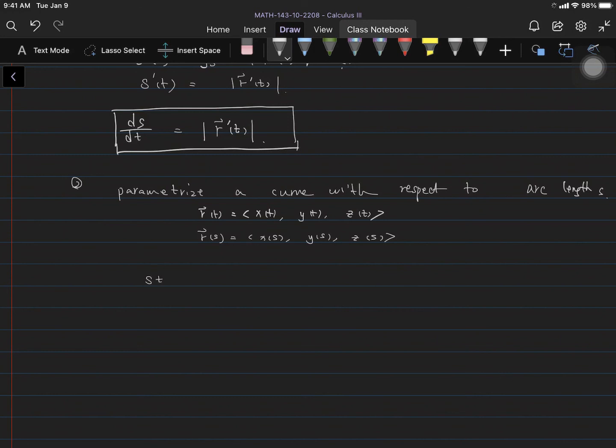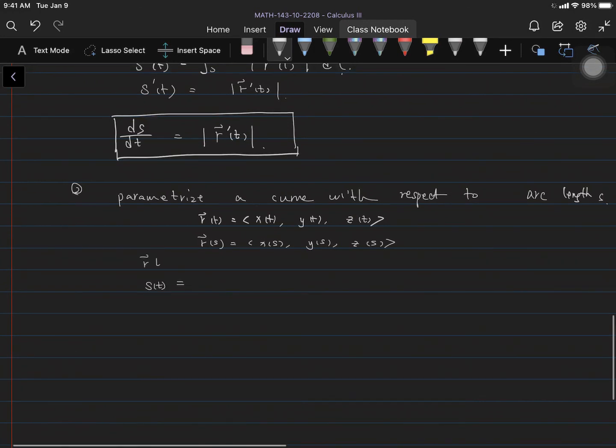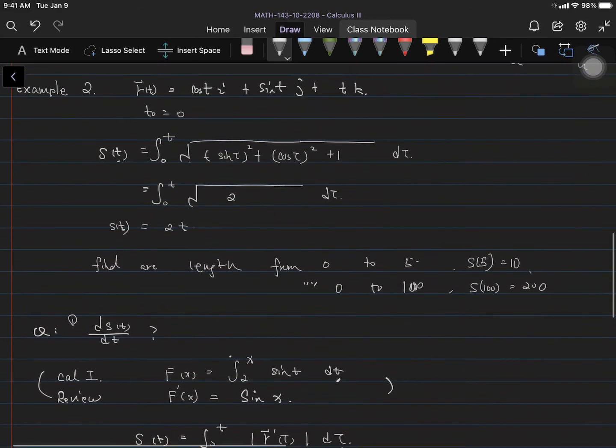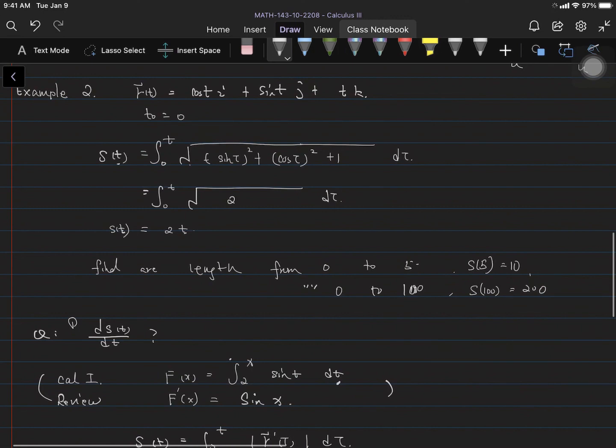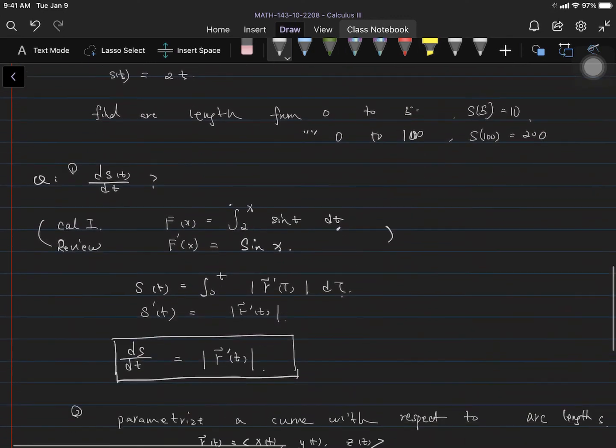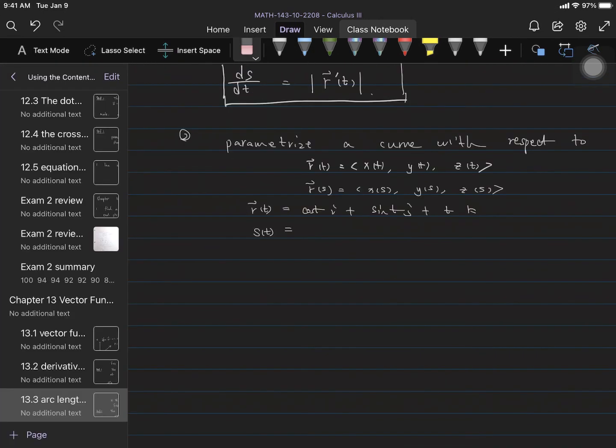In our last example, example 2, for this r(t), which is cosine t i, sine t j, t k, s(t) equals root 2 t. Now by using this equation, we can solve for t.